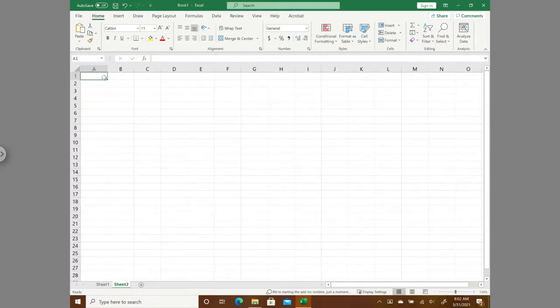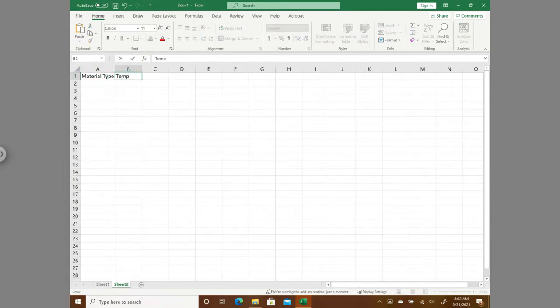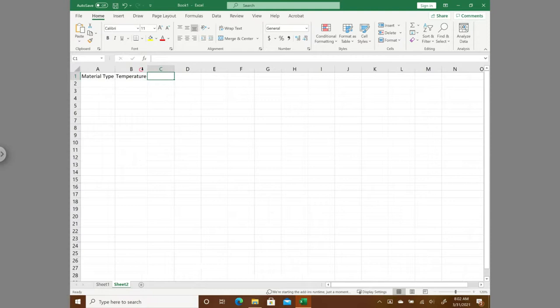So I'm going to write the first column for material type, second column for temperature, third column for battery life, actual battery life.